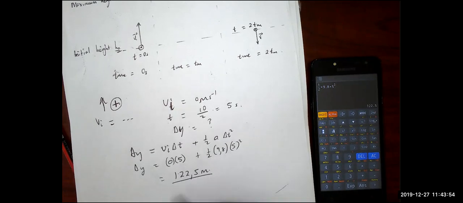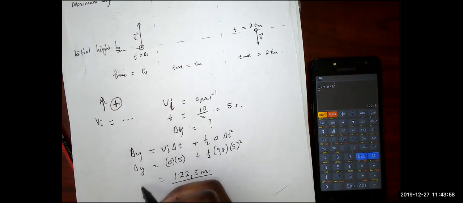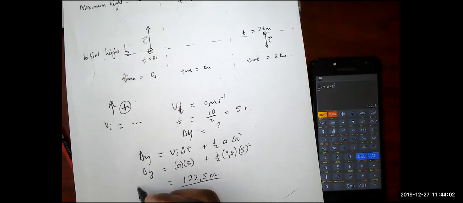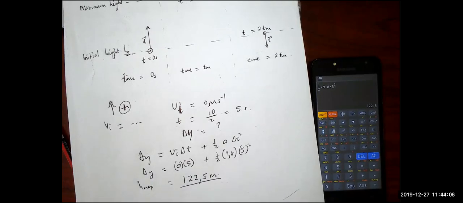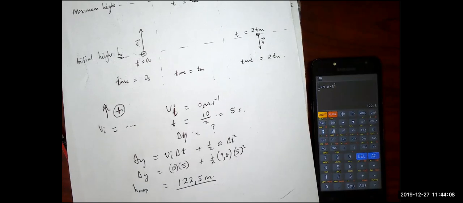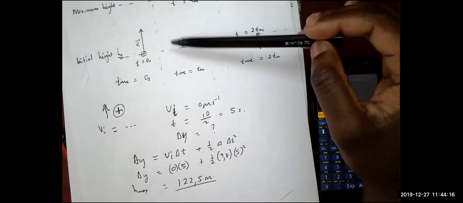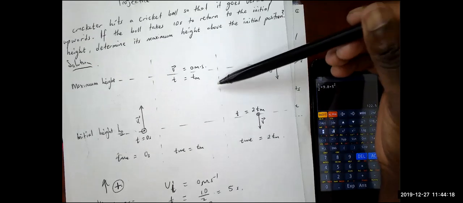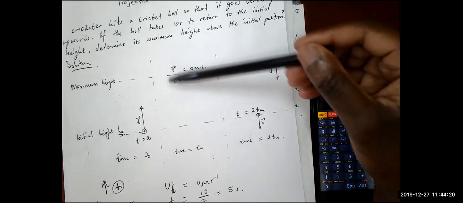So it means that the change in y, our height, because we were asked to find the maximum height: height max is equal to 122.5 meters. That's how easy it is. Remember what we just did. Where you might struggle, you know the velocity at maximum height is 0.